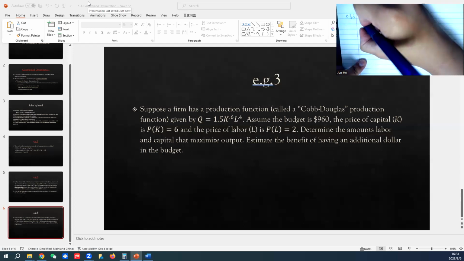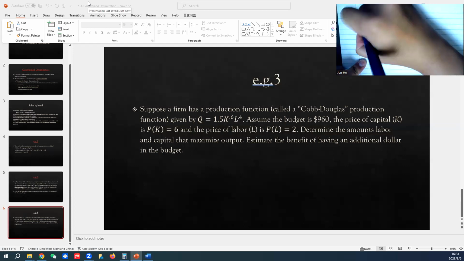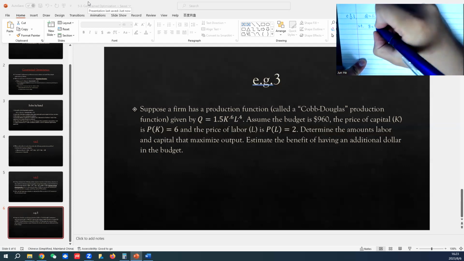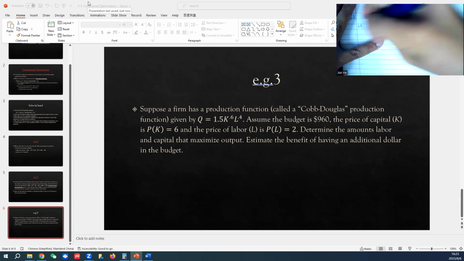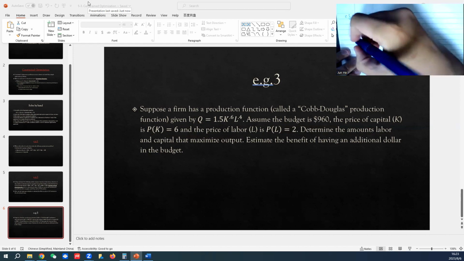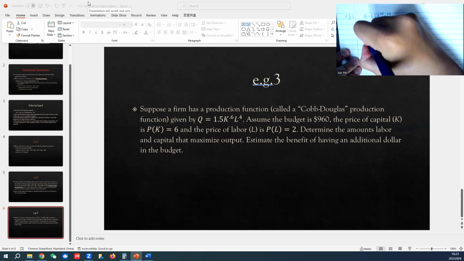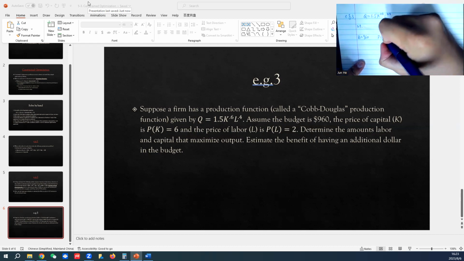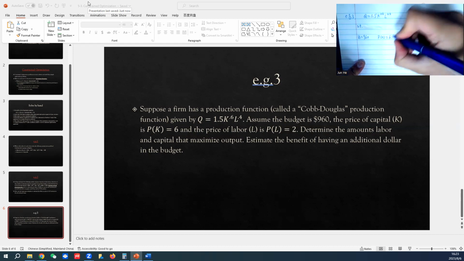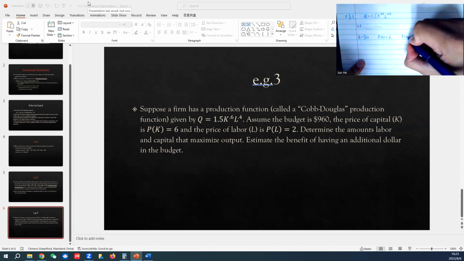Assume the budget is 960. Budget is 960, the price of capital equals 6, and the price of labor equals 2.